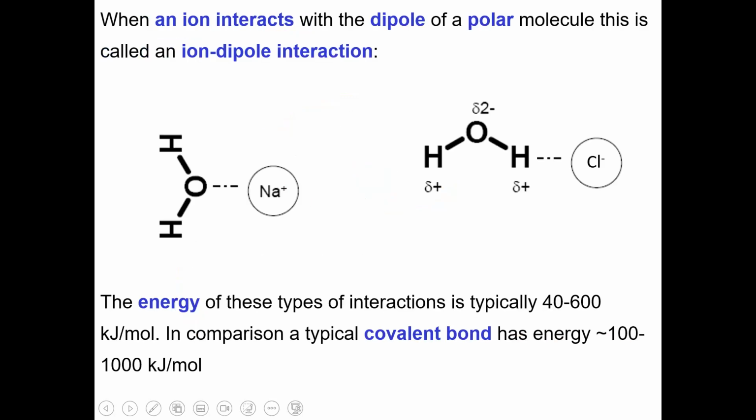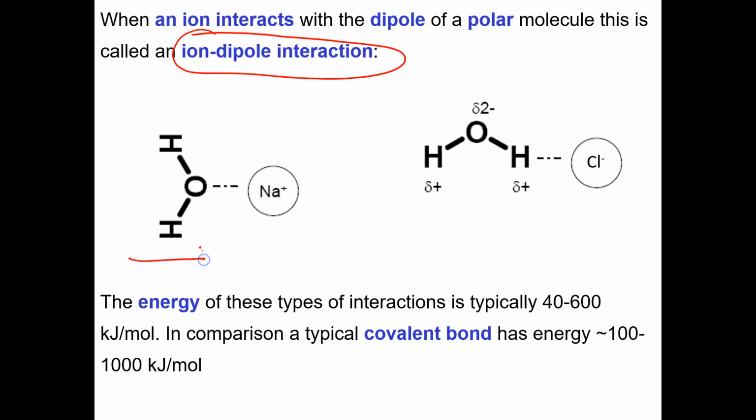Now, an ion can interact with the dipole of a polar molecule. And when it does this, what occurs is what's described as an ion-dipole interaction. So you probably recall that the oxygen end of a water molecule is a little bit negative compared to the hydrogen end. And so what this means is that the negative end of a water molecule can have an ion-dipole interaction with a cation.